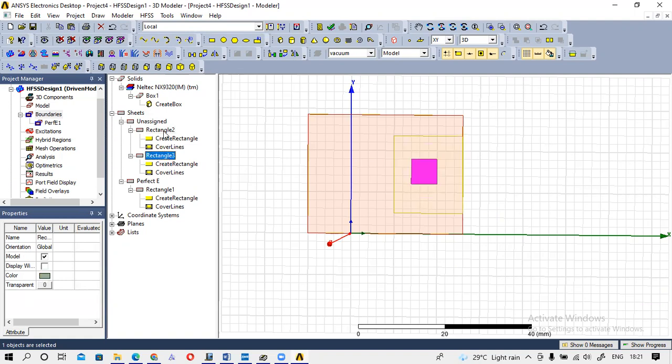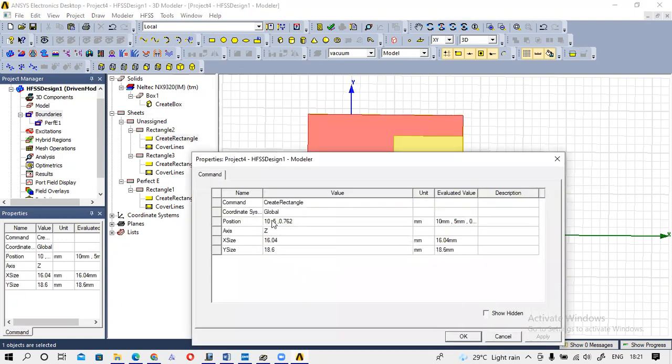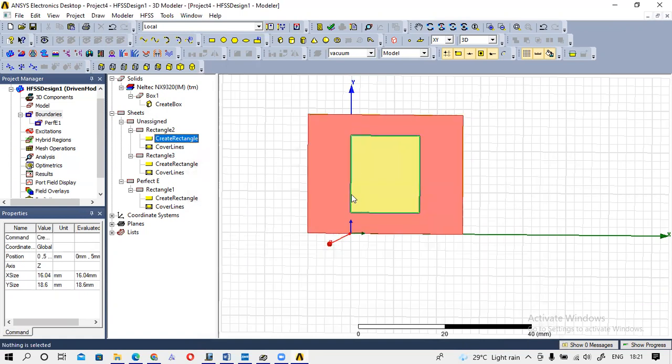That is rectangle 2. I am going to change it; it is in 10 position. If I put 0 here, that means it will shift to the y-axis and x-axis. Now what is the value here?